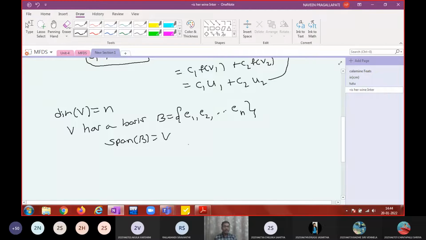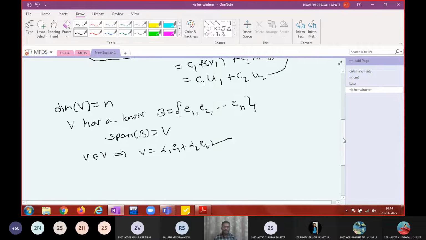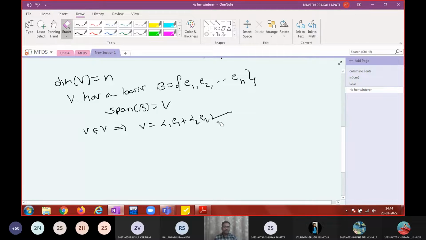What do you mean by span? That means you take any element of V, that can be expressed as a linear combination of these basis vectors: alpha 1 E1 plus alpha 2 E2 plus and so on plus alpha n En.